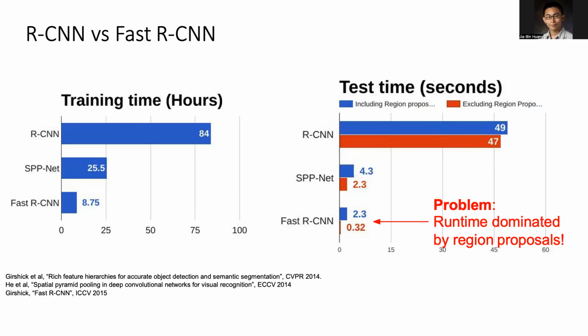So the dilemma we have now is that we swap the image cropping with feature cropping. So we can extract features very fast. But in order to crop the features, I need to run another off-the-shelf method to give me the bounding boxes. So how can we improve this further?